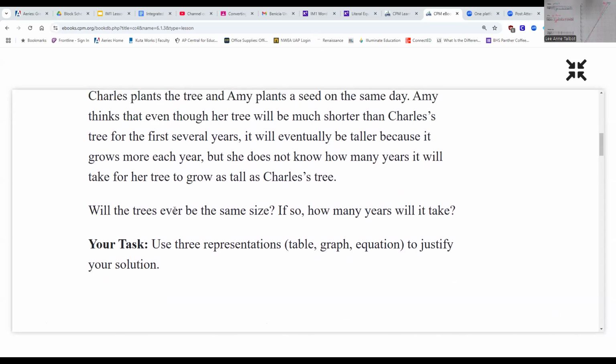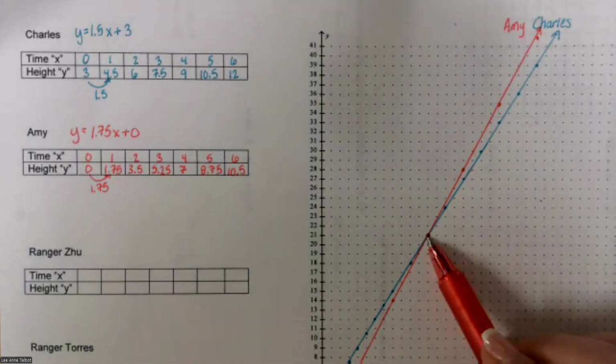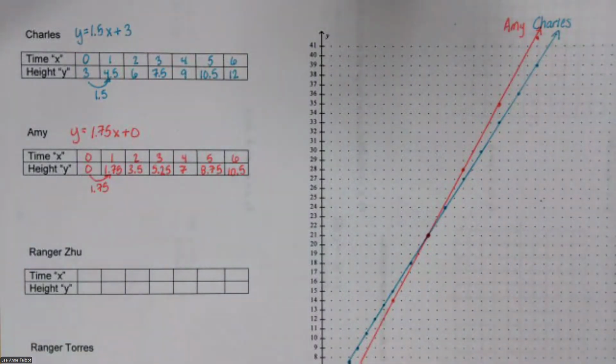Will the trees ever be the same size? Landon? Yeah. 14 years, yes. Okay. So in 14 years, they'll both be how tall? I think it's 21, isn't it? Wait, hold on.